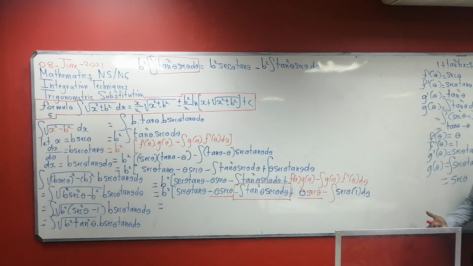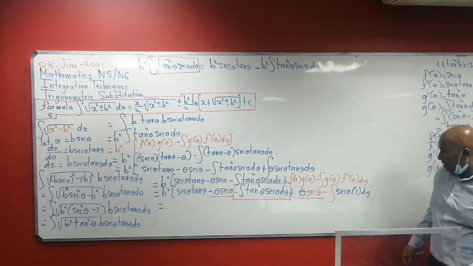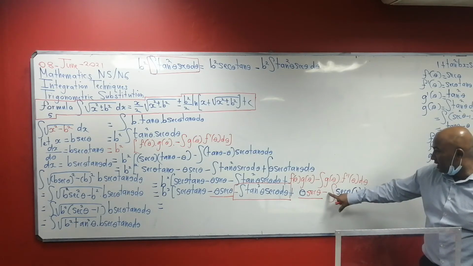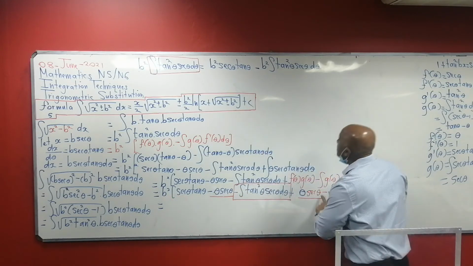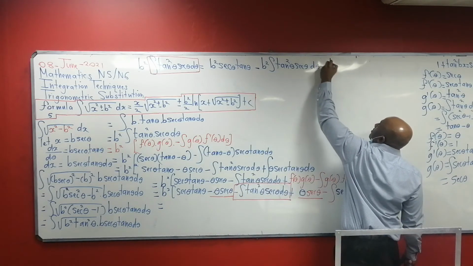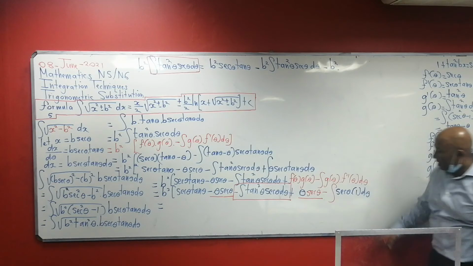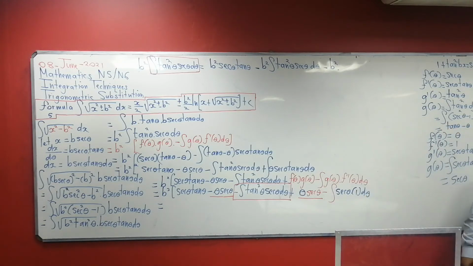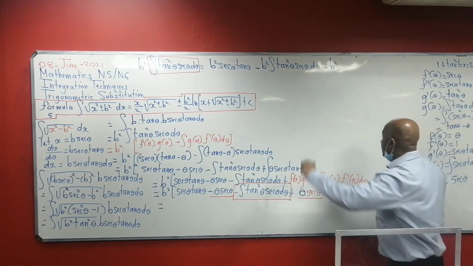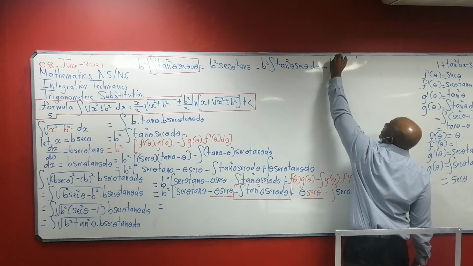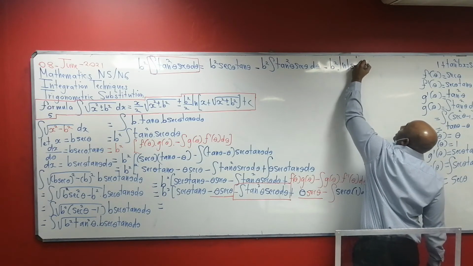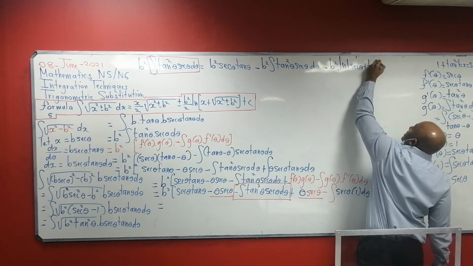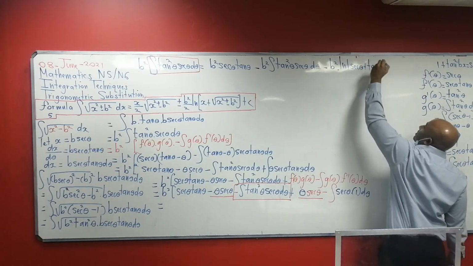Well, it was 0. Okay, so I got minus b squared, and here now I'm multiplying b squared times minus 1, which is minus b squared times, and then I need to integrate sec. Right, so when I integrate sec, you can go to your formula sheet there. It will be ln of sec theta plus tan theta.